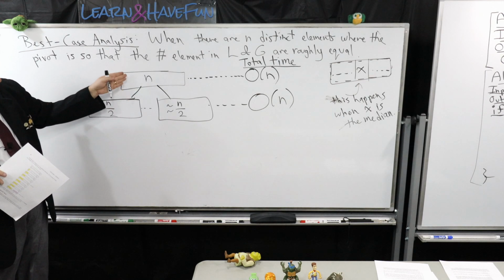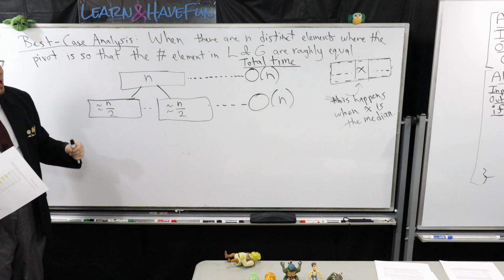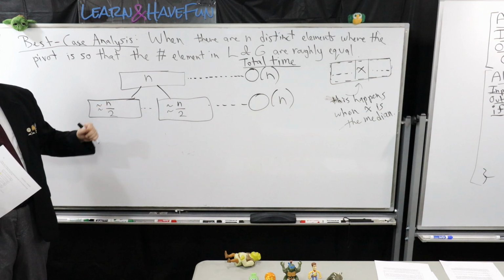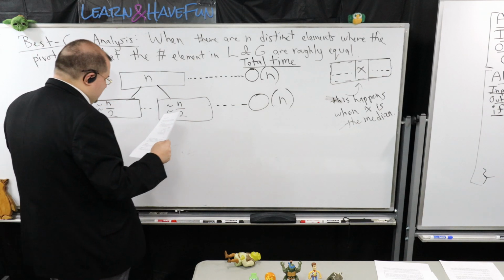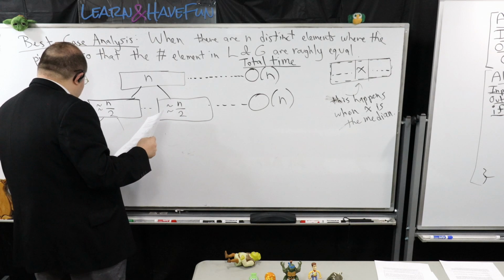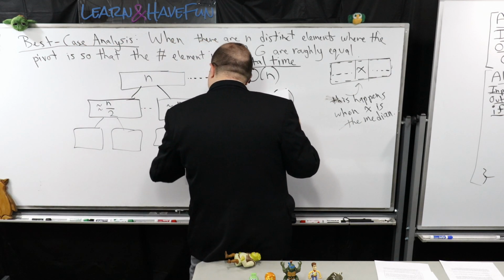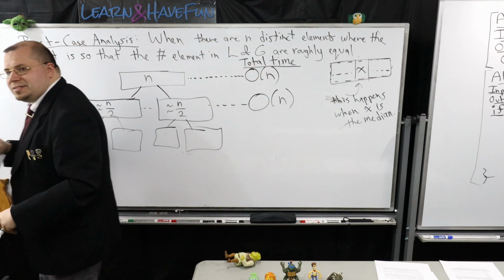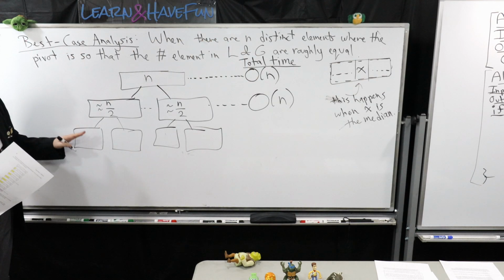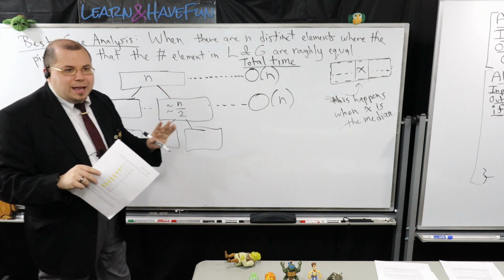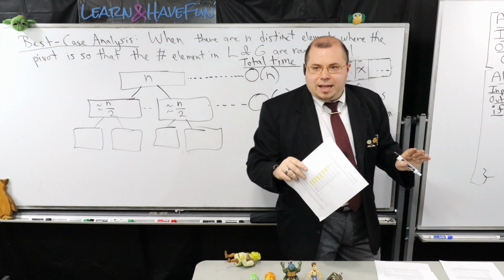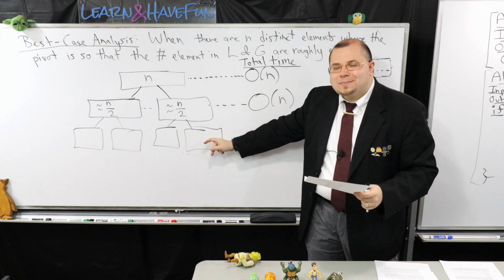But when I put these together, that's like my initial call, right? But remember, each one of these might perform two recursive calls. So if they're approximately n over 2, and I perform two recursive calls, roughly how many elements are in that range from start to end for these calls?